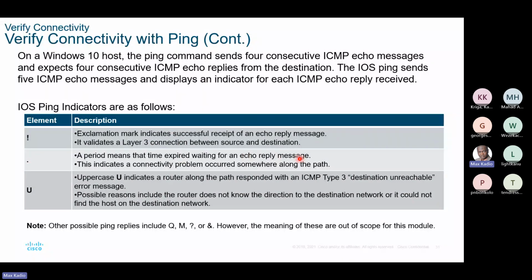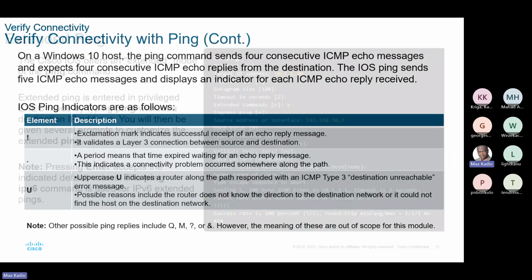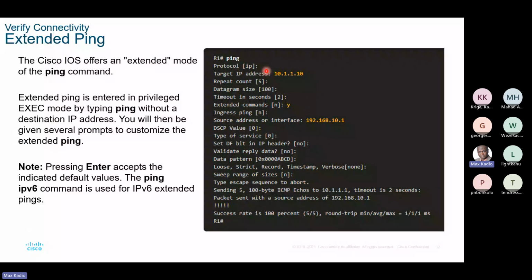If it's U, it means the destination is unreachable. We'll use the router to do that from time to time. Sometimes when you want to ping, you can ping the IP directly, or you can type ping, then it will ask you a lot of questions. We call it extended ping, where you can specify exactly what you want according to the troubleshooting you are facing.